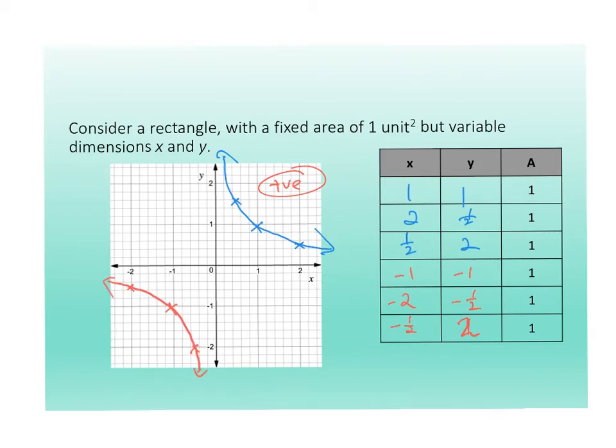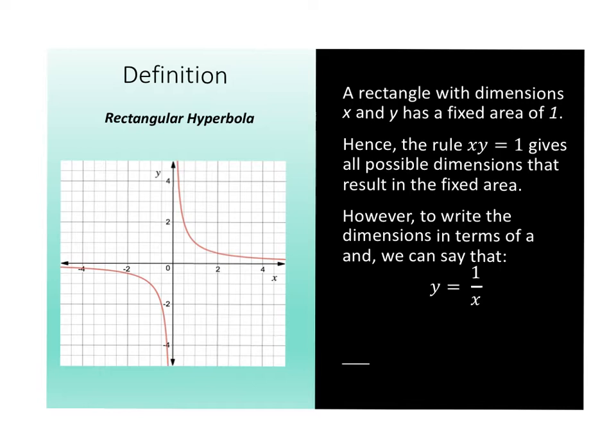Now, let's have a look at the definition of a rectangular hyperbola. You can see that we use a rectangle with dimensions x, y, with a fixed area of 1 to derive the rule xy equals 1.